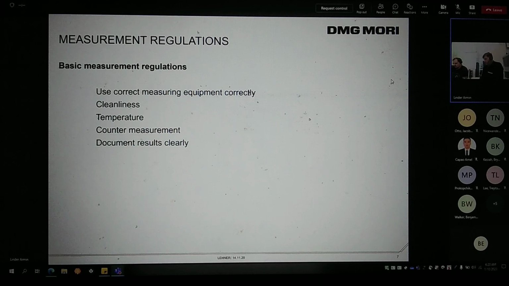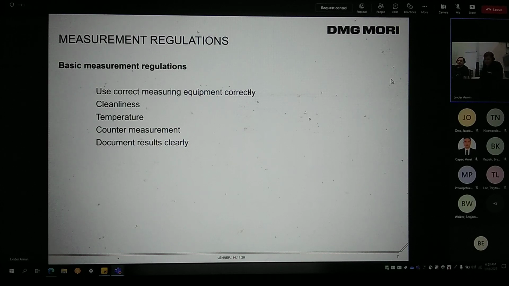So everything that you measure, it doesn't matter what, if you measure meter, temperature or something, you have to document it and you have to record the result clearly. I will say that's a big thing.